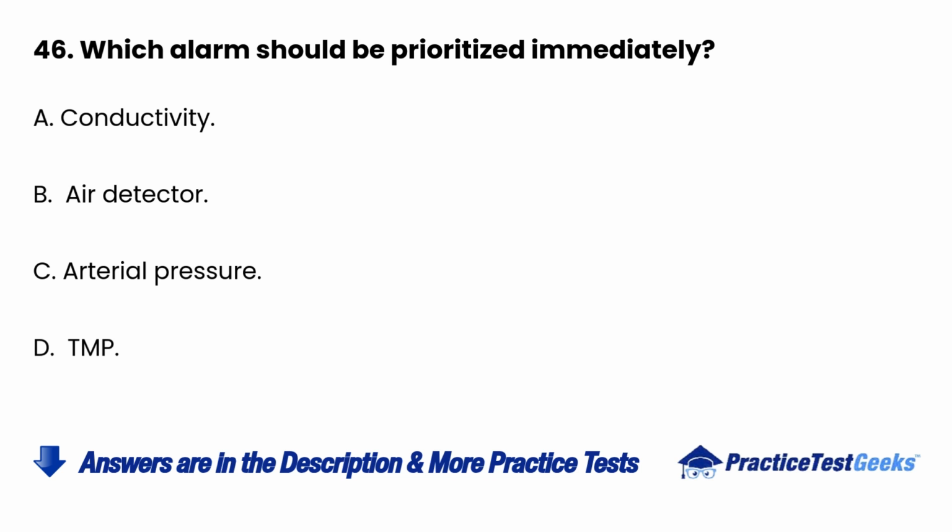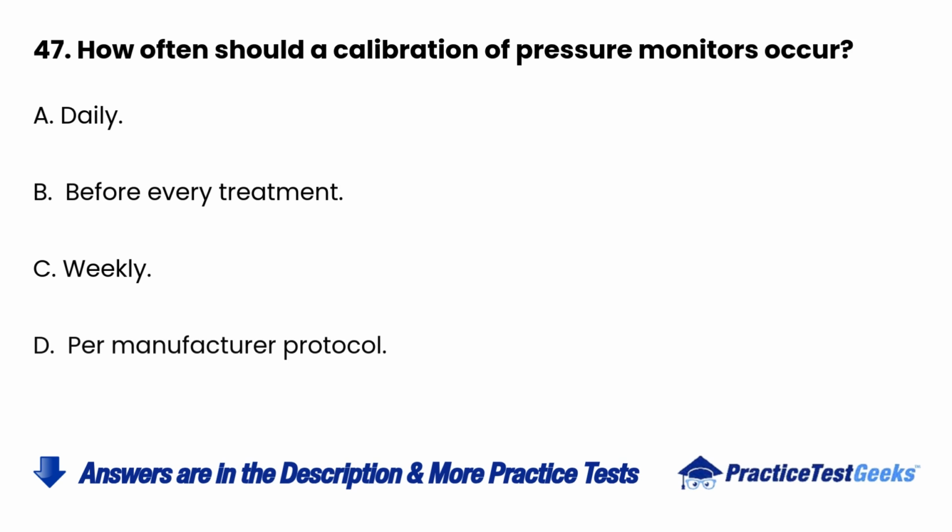46. Which alarm should be prioritized immediately? A. Conductivity. B. Air detector. C. Arterial pressure. D. TMP. 47. How often should a calibration of pressure monitors occur? A. Daily. B. Before every treatment.